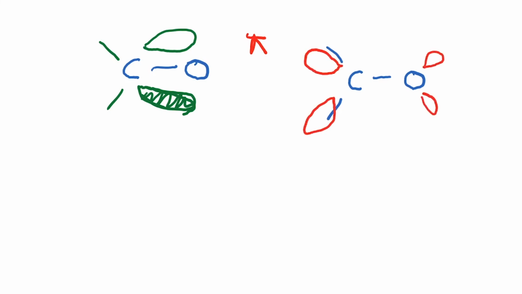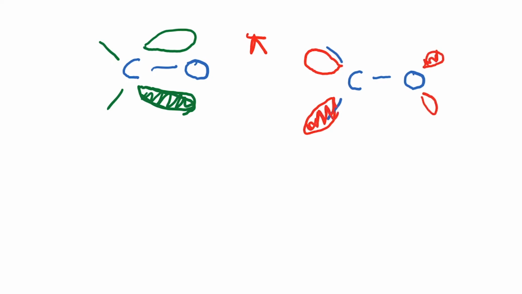Now if we look at the corresponding LUMO, I'm just going to draw it here. The LUMO is going to look something like this. The orbital density is going to be higher on the carbon when compared to the oxygen, and that's something that we already reasoned out in the previous lecture.